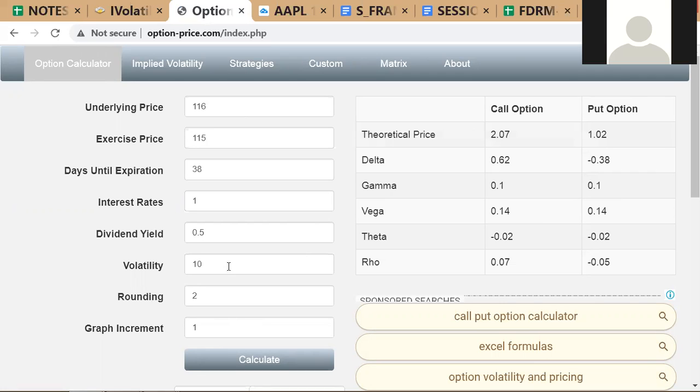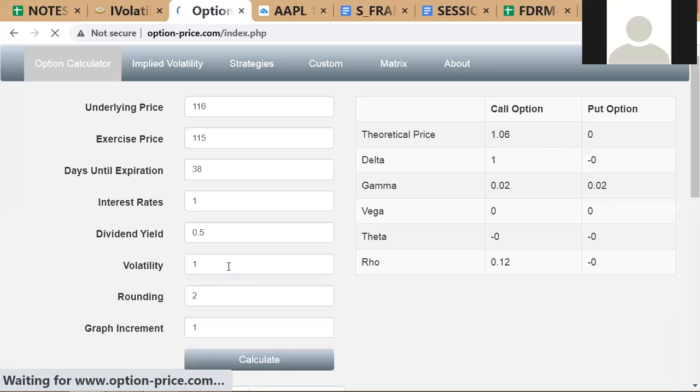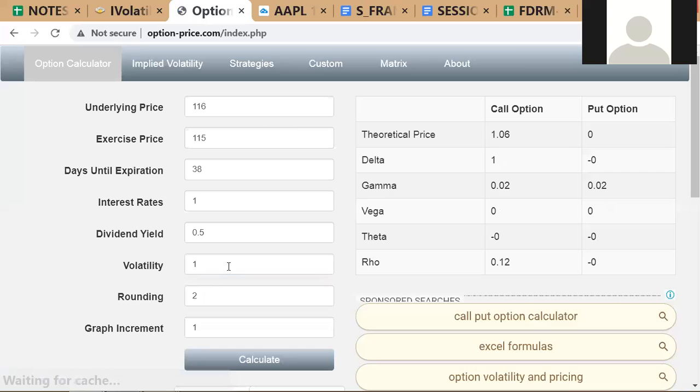Okay. Now let me change this I-Vol to, let's make it like 1. What happens then? You see what happened? What I'm trying to show you is that you bought this option initially at 1.51. Let's call it 1.50.